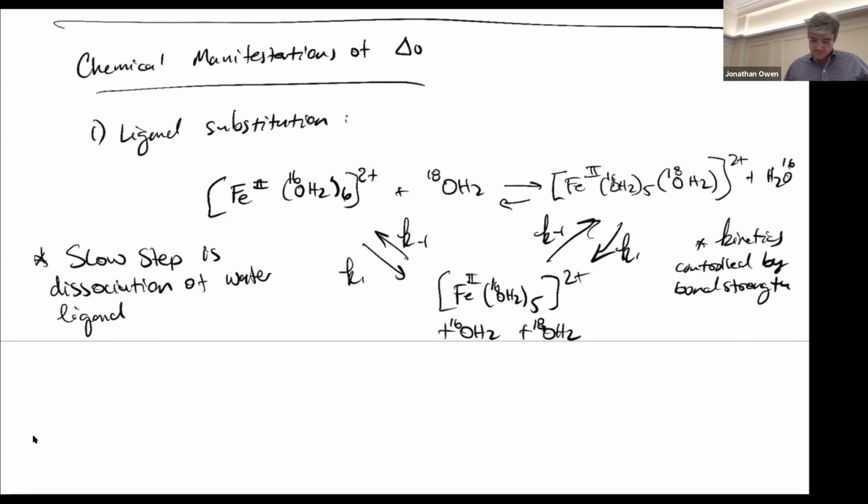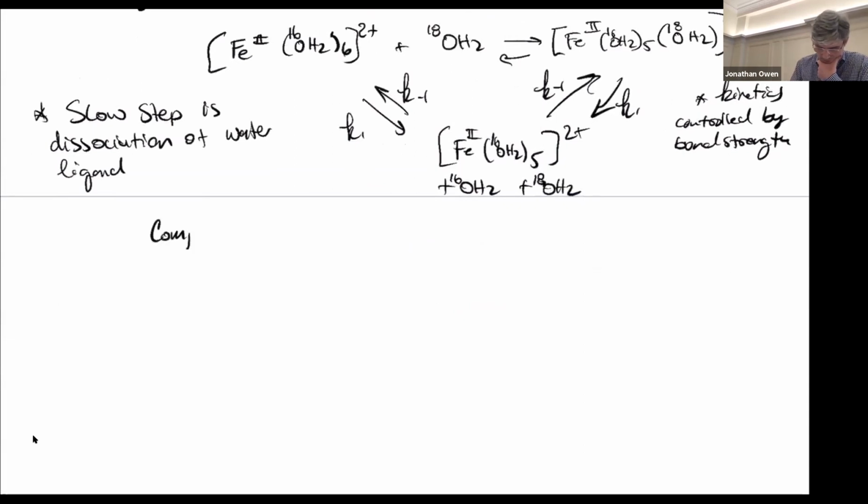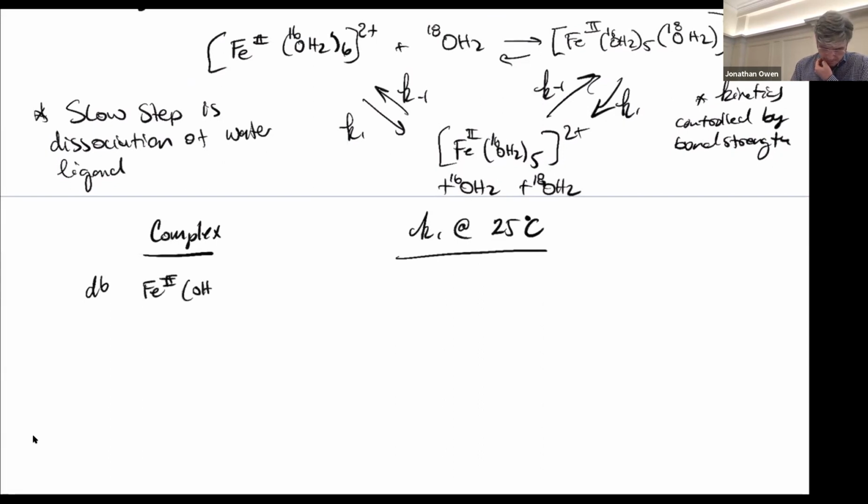So what that means is that you end up being able to predict the exchange rate constant, the K1, the loss of water. And it depends upon the identity of the starting metal complex.